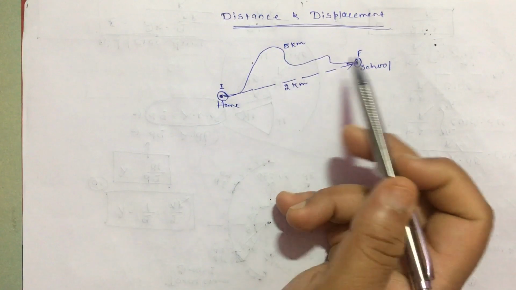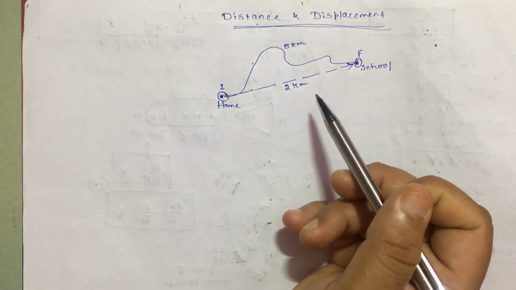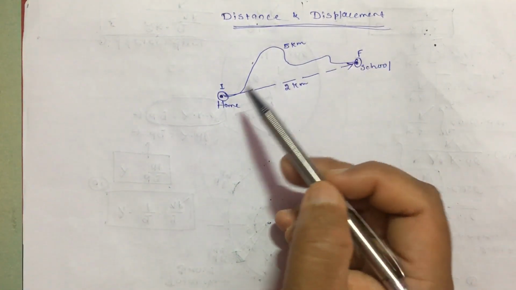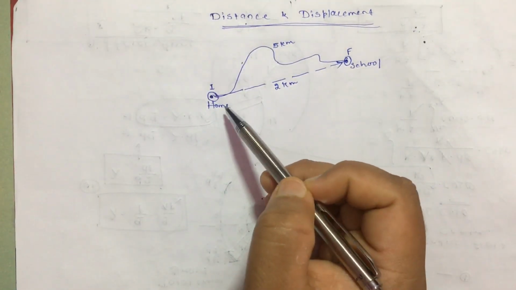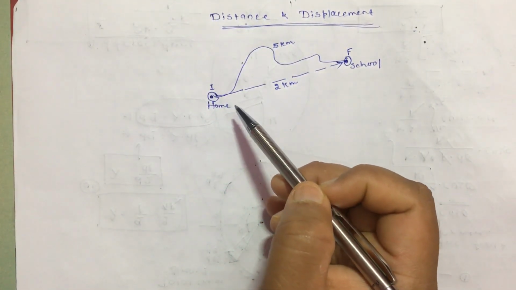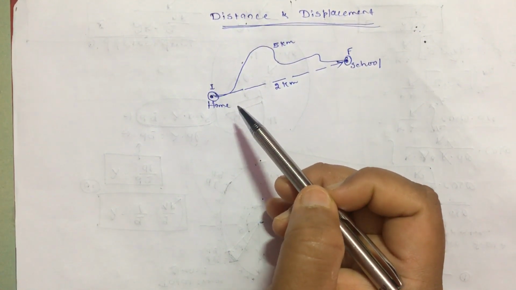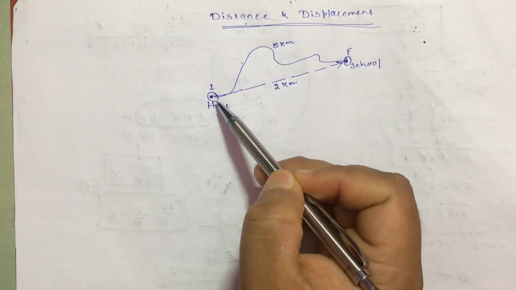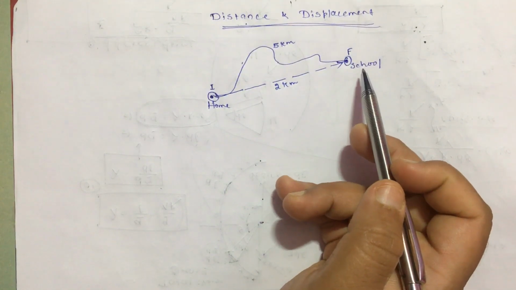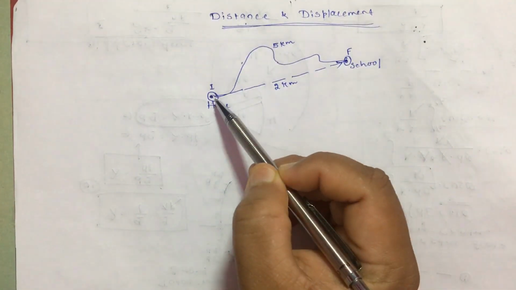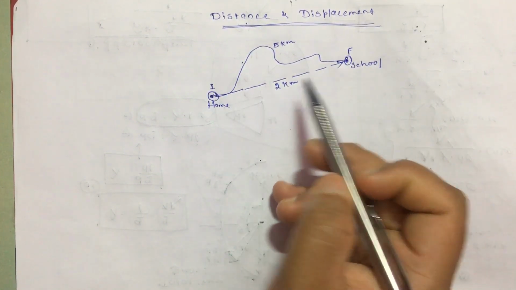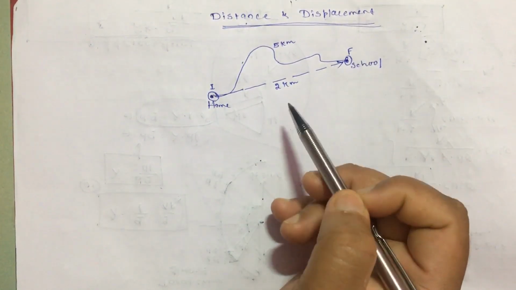The distance between my home and school is 5 kilometers, or the distance between my school and home is 5 kilometers. That is enough. But when you are talking about displacement, you have to mention in which direction your motion was. If you started from your home and went to the school, then your displacement is 2 kilometers from home towards school. You have to mention the direction in which you have moved.